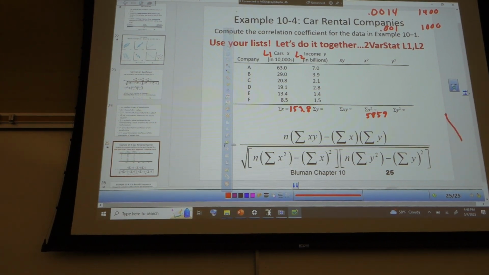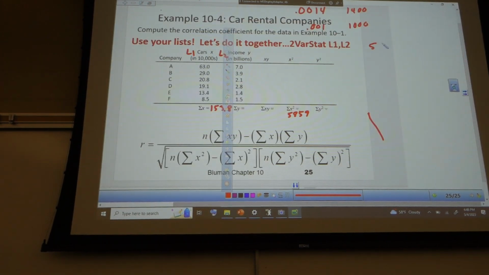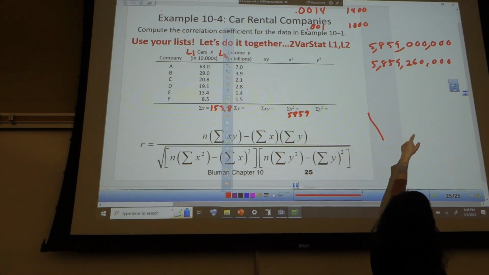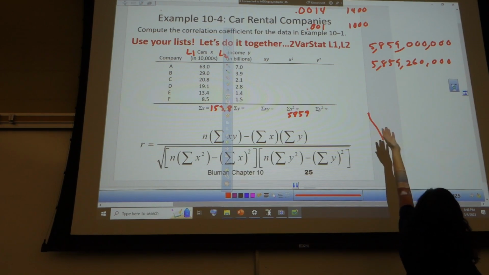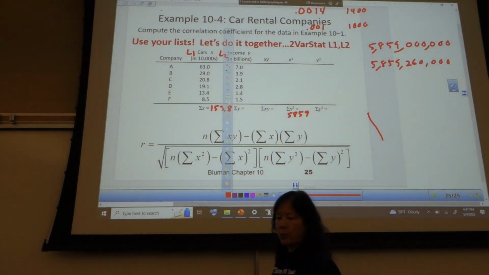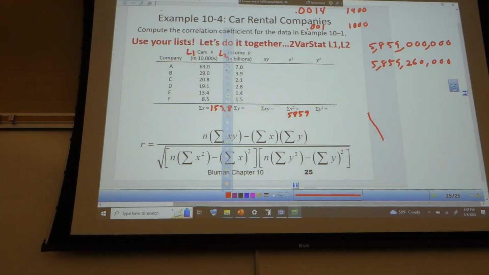Multiply that by a million, it'd be 5859 and the 0.26 would give 260,000, which doesn't make that much difference compared to the 5 trillion that's out there. So that's why the sig figs are the most important thing.